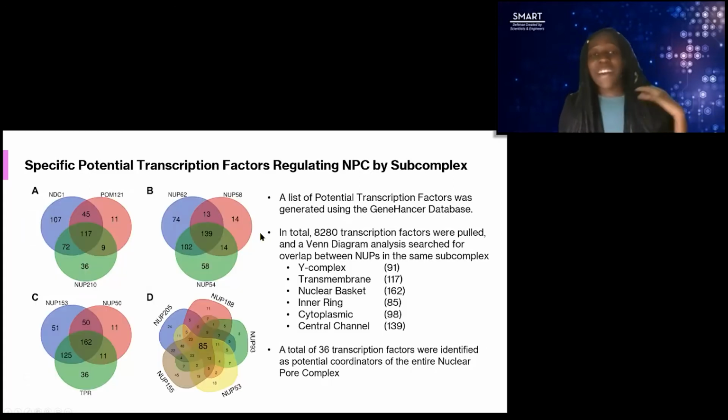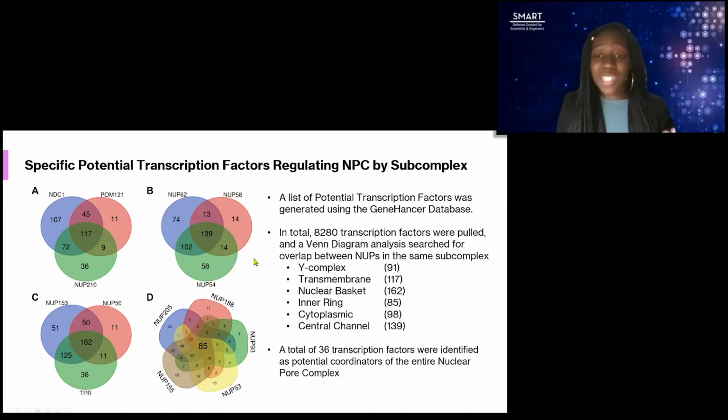Then I did my Venn diagram analysis, which looked for overlap between transcription factors that I saw through different nucleoporins. For example, B shows the central channel. And in the center of this, we can see that there are 139 transcription factors that are seen in NUP62, NUP58, and NUP54.